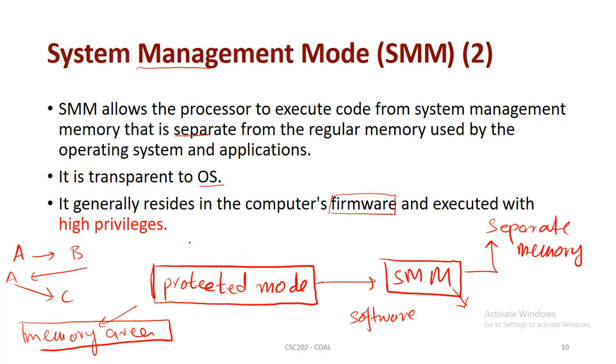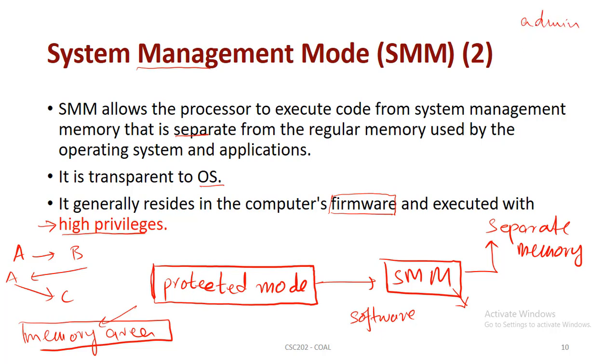One more thing which I want to tell you over here: when the operating system switches to system management mode and starts executing the firmware, that firmware will be executed with very high privilege. Like, in Windows you have admin privileges, the admin role.